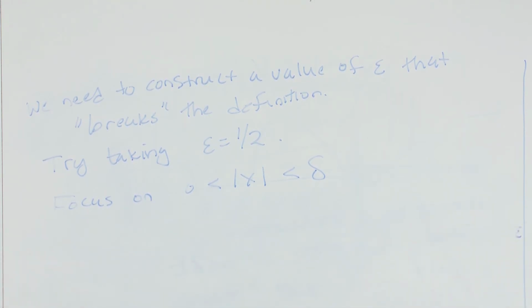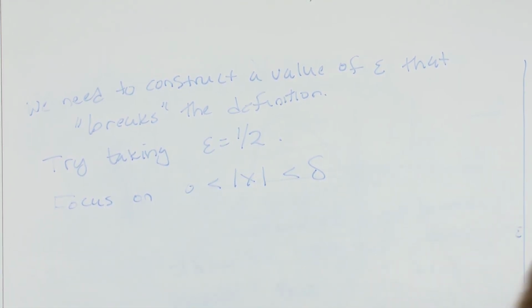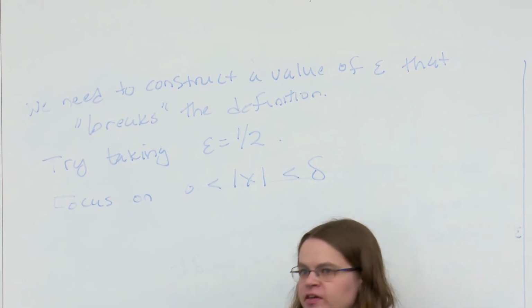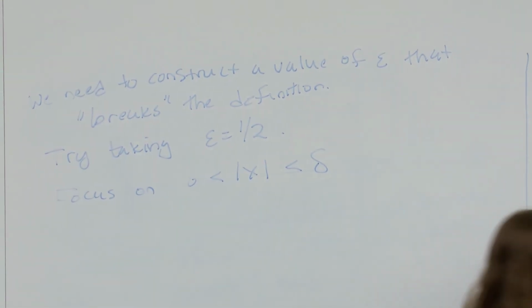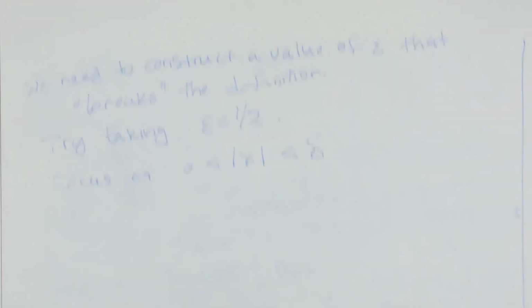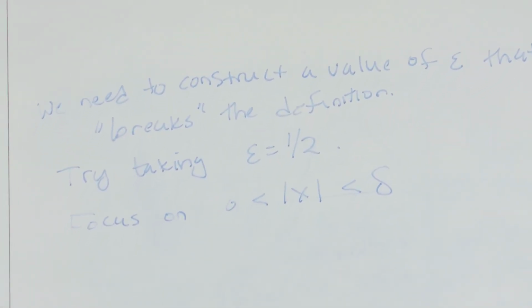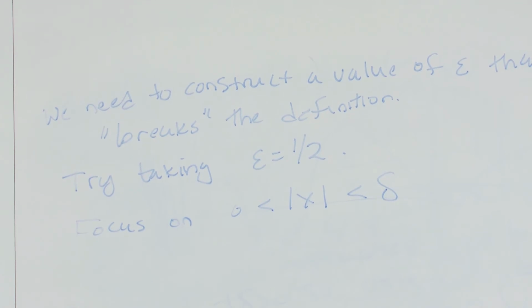Okay, so I'm going to take two possibilities. I'm not sure what L is, and this is, again, a strategy you can always use in your proofs: you can break things down into cases. So the obvious place to break things down is, is L somewhere up here, or is L somewhere down here? So I'm going to break this into, is L bigger than 1/2, or is L less than 1/2?